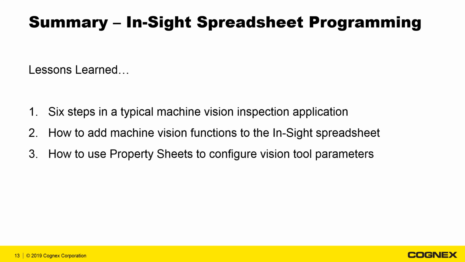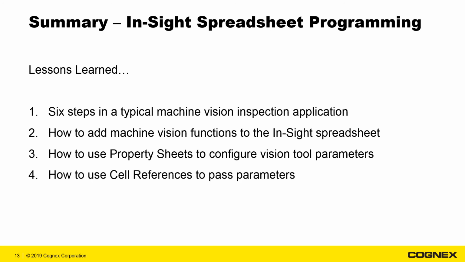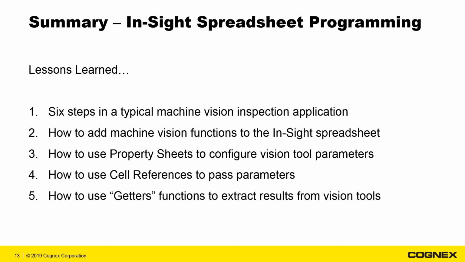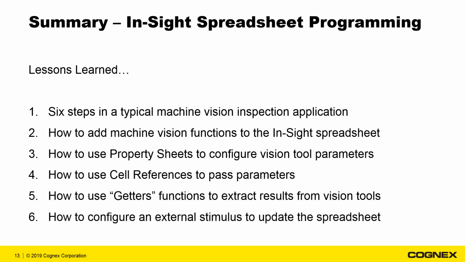Third, we learned how to use the property sheet to set up parameters for our vision tools and other functions. Fourth, we learned how cell referencing is used to pass data from the spreadsheet into functions. Fifth, we learned how to use getter functions to extract data from result structures into individual cells in our spreadsheet. And sixth, we learned how to configure an external stimulus to serve as the event to trigger spreadsheet updates.